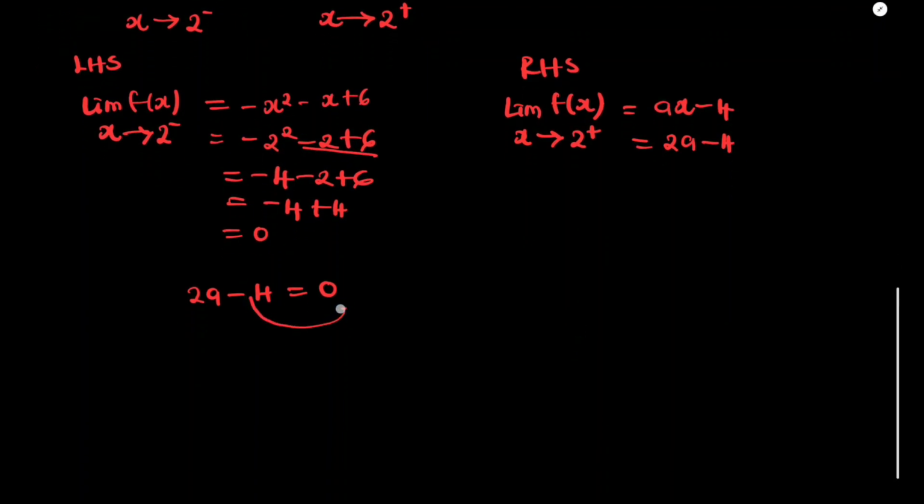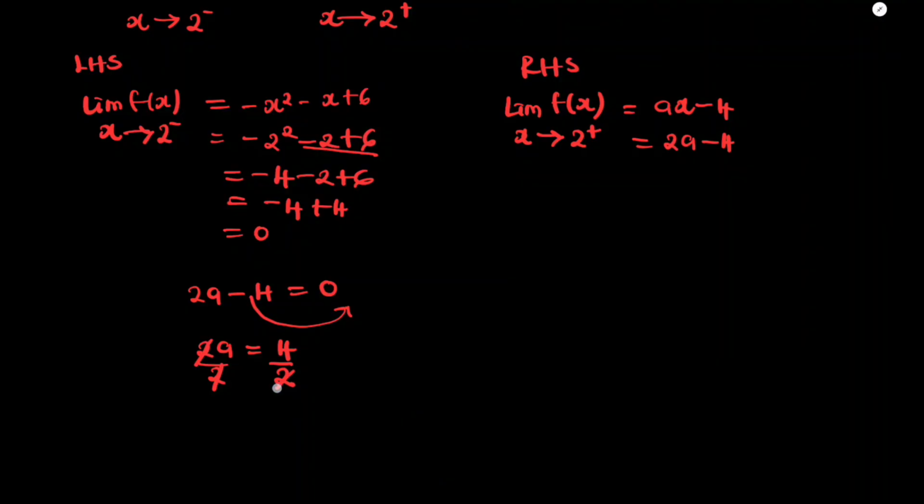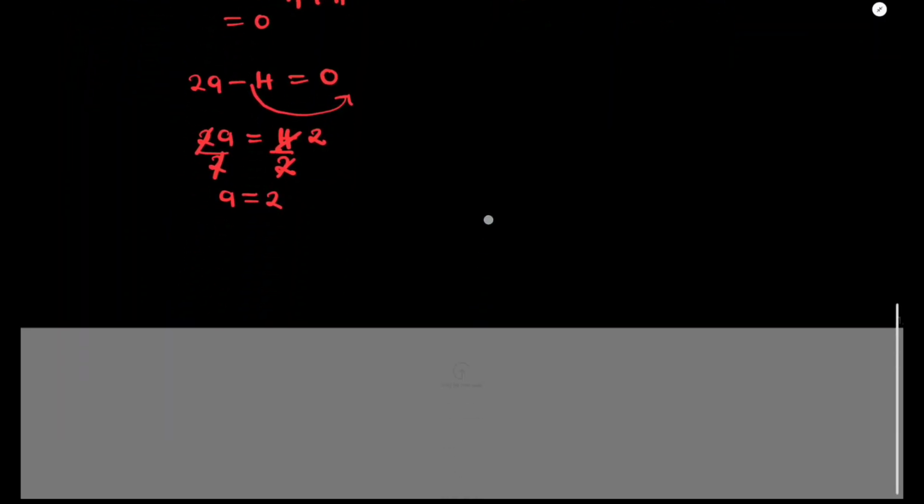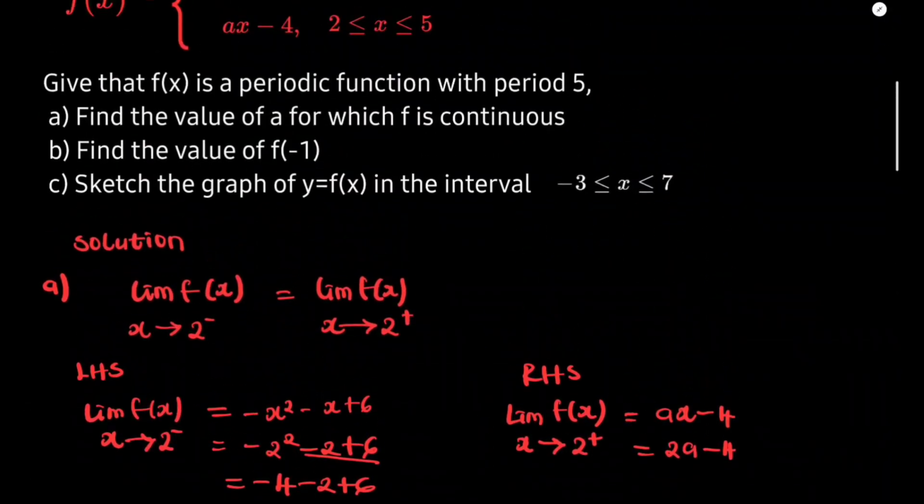We send the 4 across, the sign changes, so we have 2a equals 4. We divide both sides by 2, so the 2 cancels and we are left with a equals 2. So we have our value of a now.